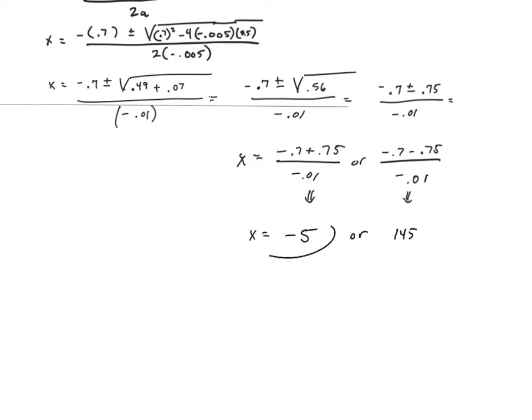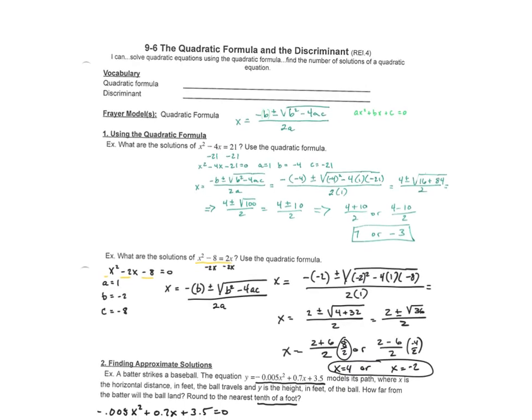Well, negative wouldn't make sense for distance, so x is going to be approximately 145 feet. That would have been the final answer. So that's how far from the batter the ball will land, approximately 145 feet. This is the quadratic formula, using the quadratic formula in different manners, and how the discriminant can help you determine the number of solutions.